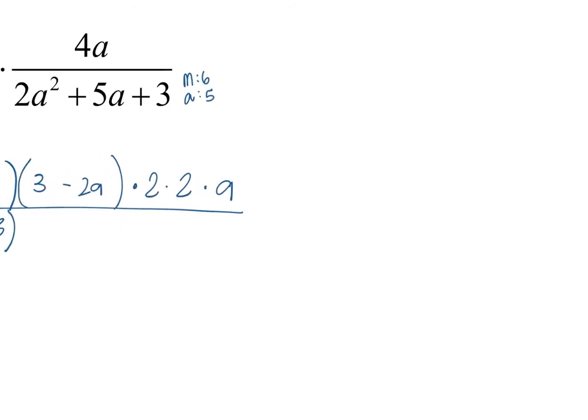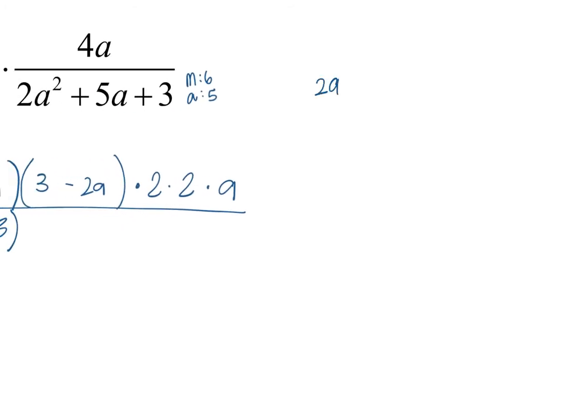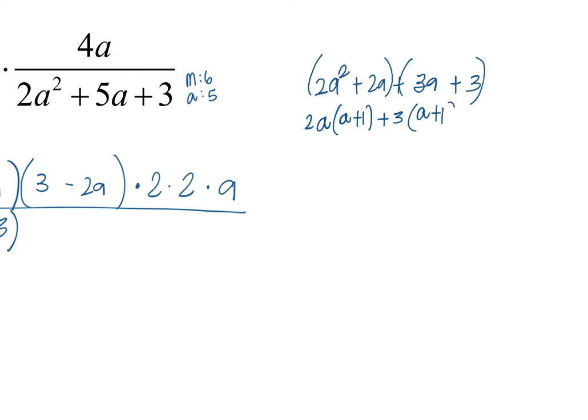So if I go off to the side and rewrite that trinomial as 2a squared plus 2a plus 3a plus 3, I can then group it, pull out a GCF of 2a and be left with a plus 1, pull out a GCF of 3, excuse me, and be left with a plus 1.